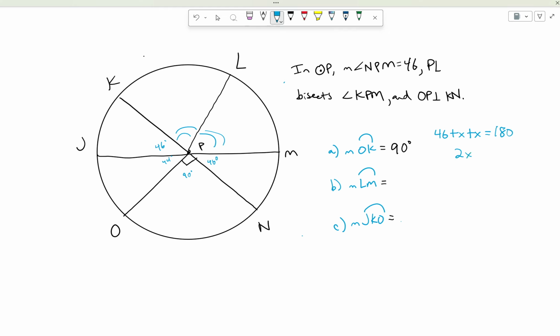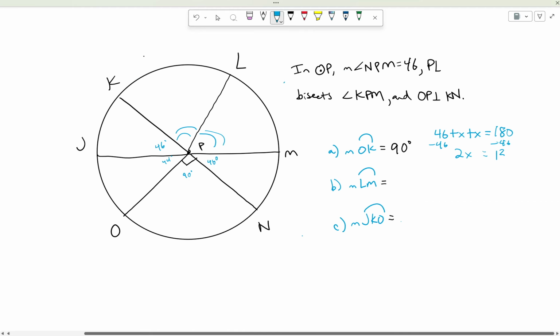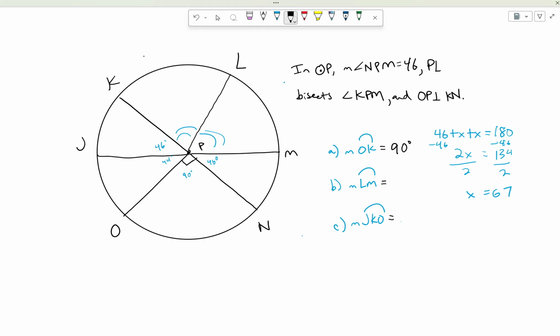Or 2x is going to be equal to, after you subtract 46 from both sides, 134, and we got it. X is going to be equal to 67. There it is. I know, that's what I was setting up for the entire time. All right, 67.